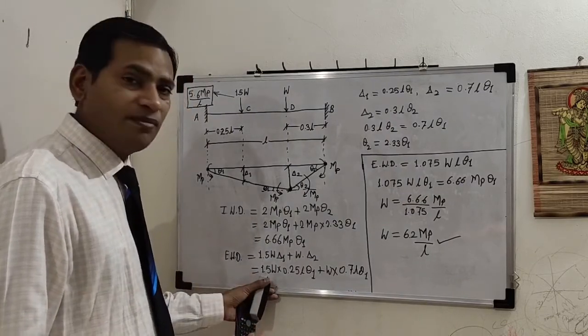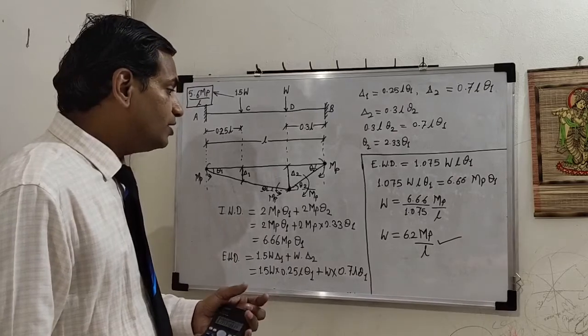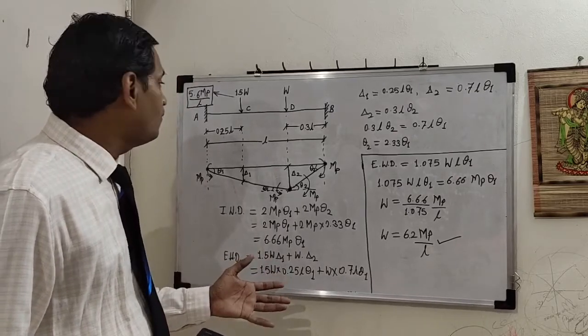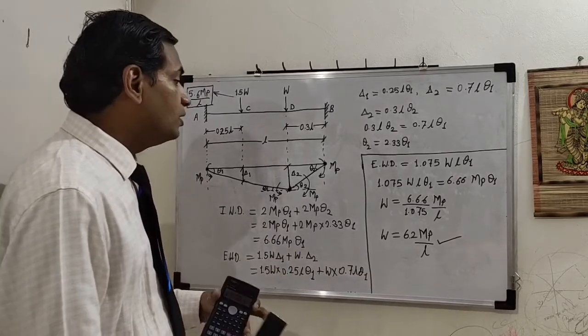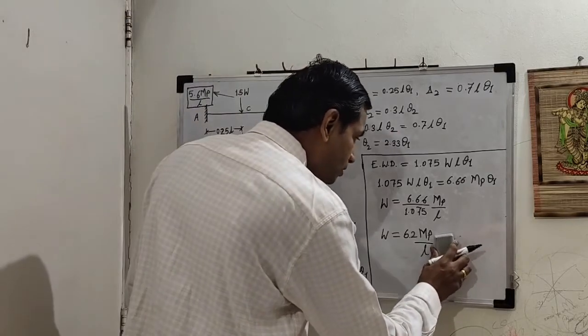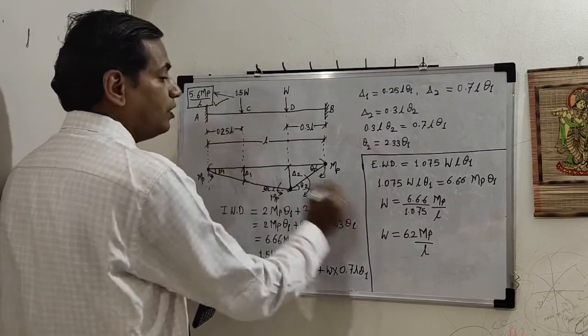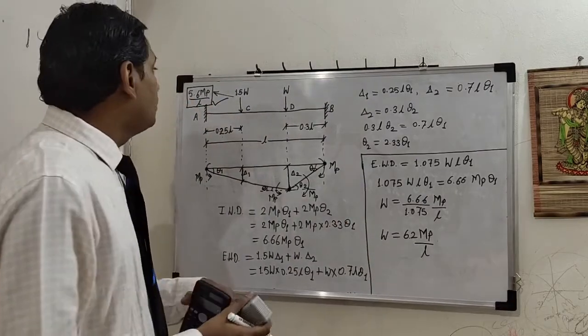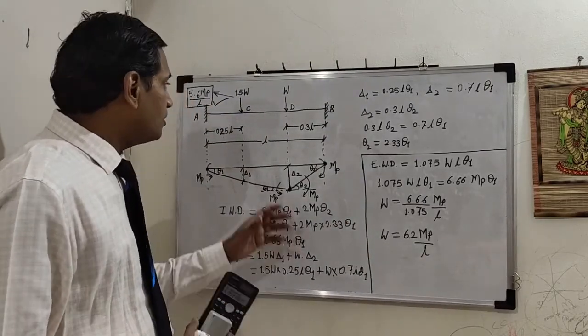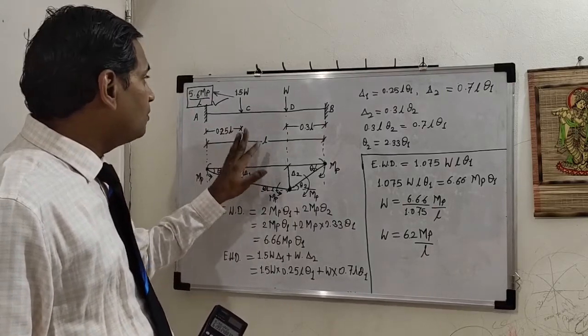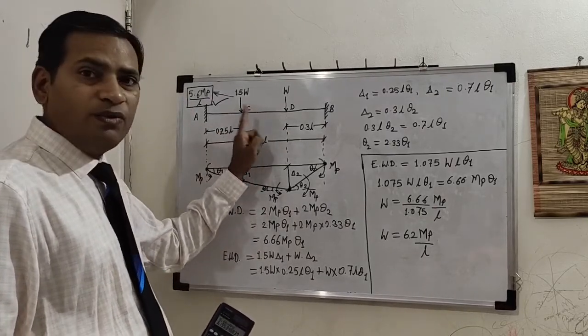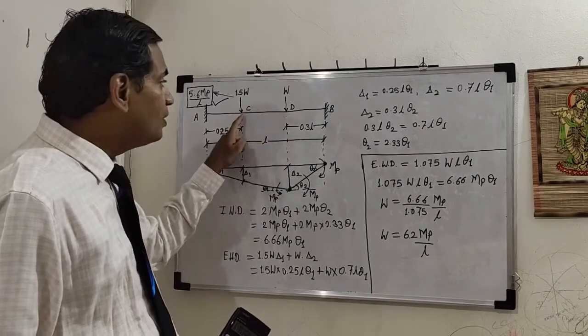Now why this? Because it is not necessary that plastic hinge will form under D and not under C. No, it can form here also.